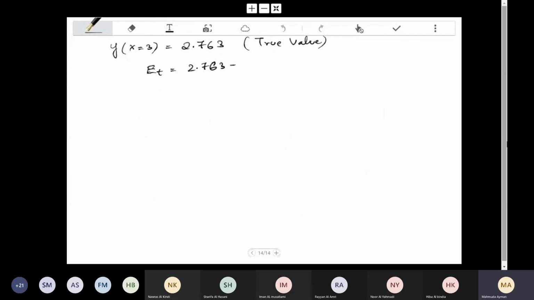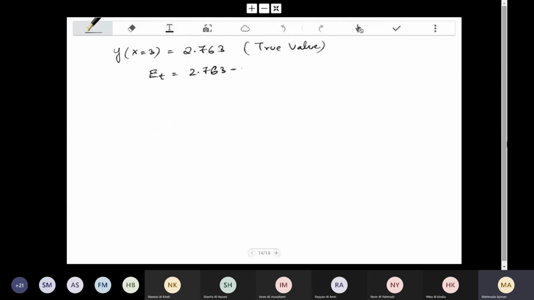So it's a big difference. That is equal to minus 5.237. And therefore the relative true error would be approximately 190%, which is very large.